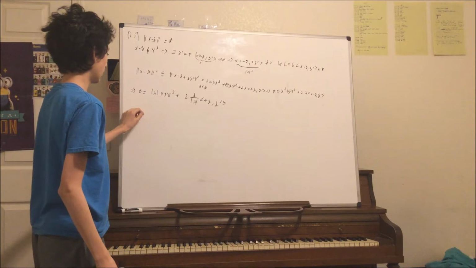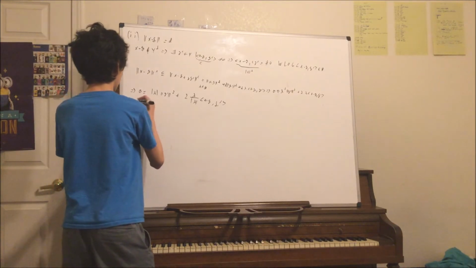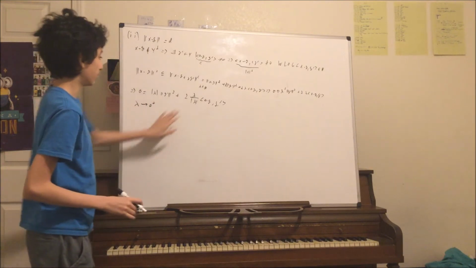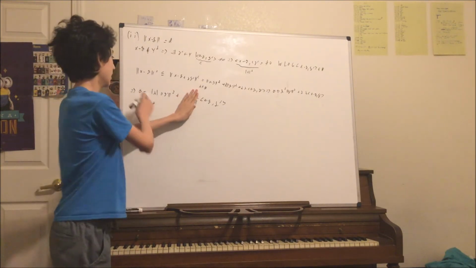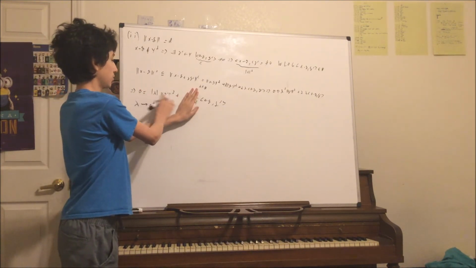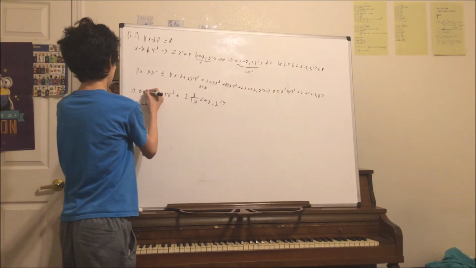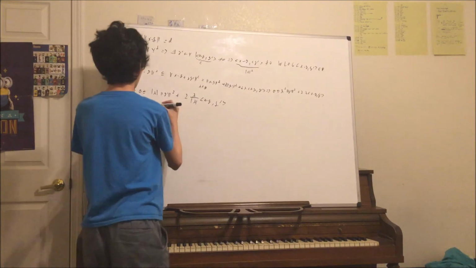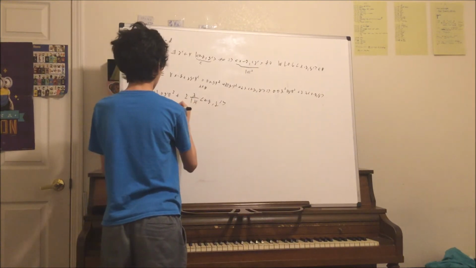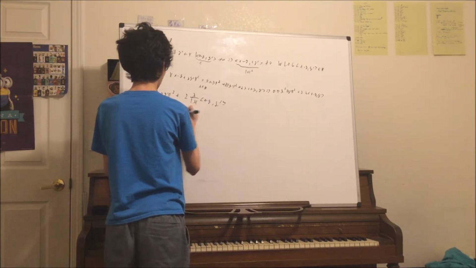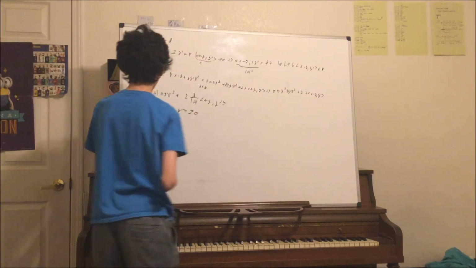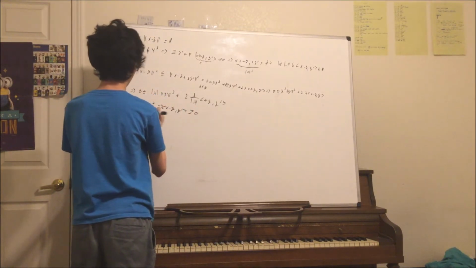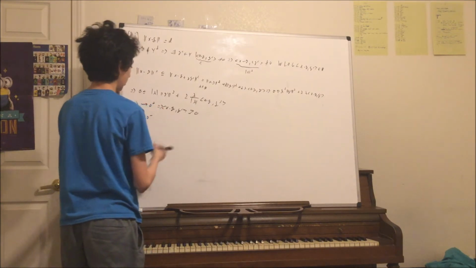Okay, so now when lambda goes to 0 from the positive side, this is just 1, and this goes to 0. Oh, sorry. This goes to 0, and so this implies that this inner product is greater than or equal to 0. Now, similarly, we're taking the limit when lambda goes to 0 from the negative side.